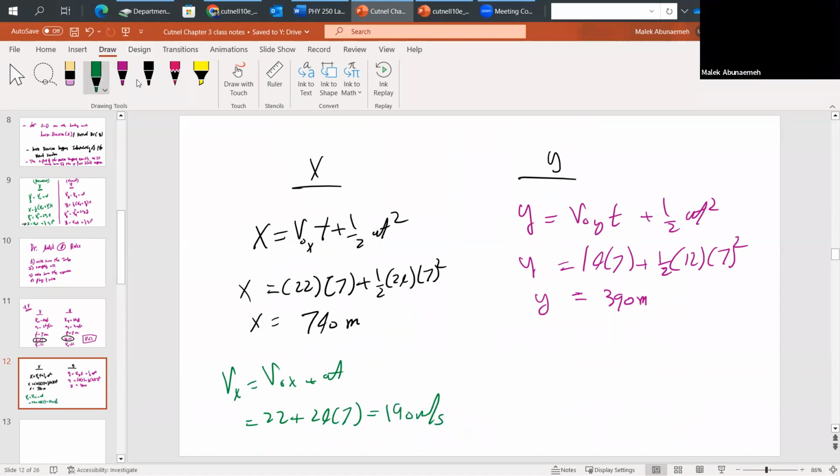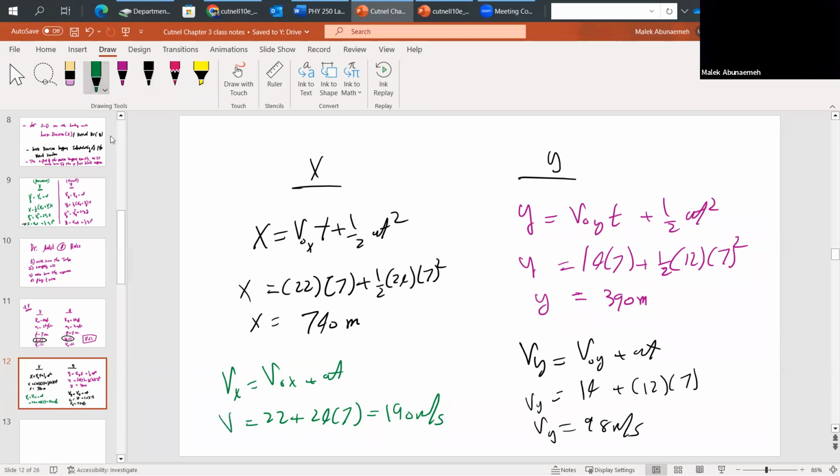Same thing, solving for the velocity in the y direction is going to be initial velocity in the y plus at, which is going to equal 14 meters per second plus 12 times 7, which is going to be 98 meters per second, v of y.